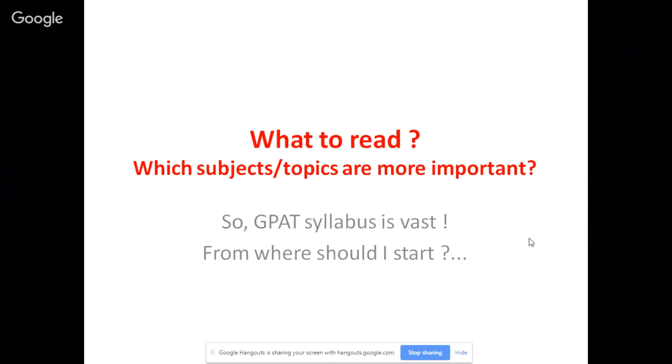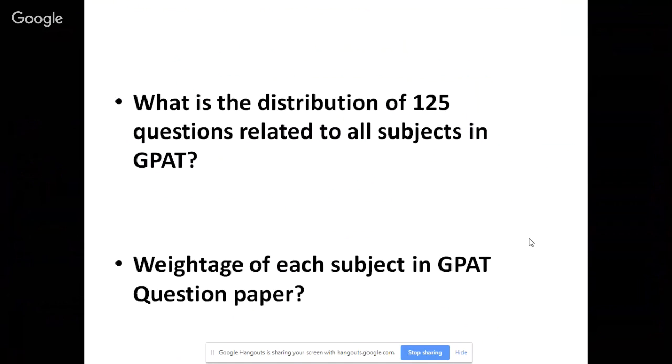As the syllabus is very vast and many subjects are there, out of 125 questions we have to look at the weightage of each subject.